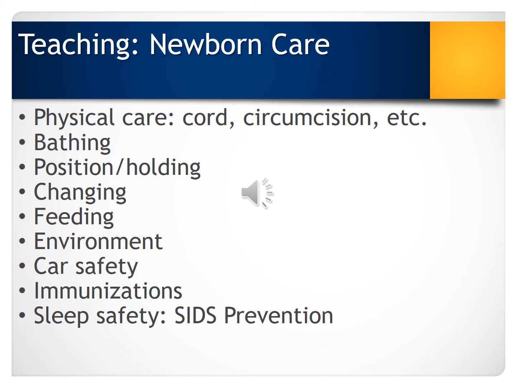Encouraging that the newborn not sleep with siblings. Are there smokers in the house? Things that prevent SIDS. You want to make sure that you talk about keeping the baby on its back, those types of things. Cord and circumcision care, all those things need to be talked about and discussed, and that you have an understanding that the family has a handle on these things.